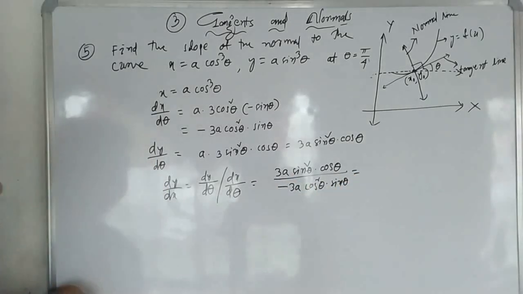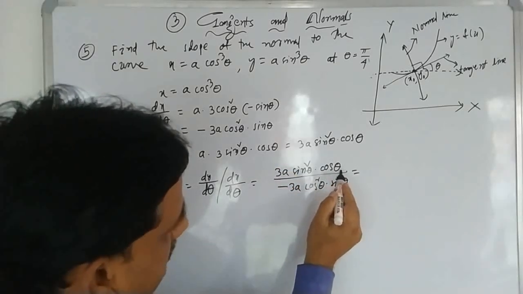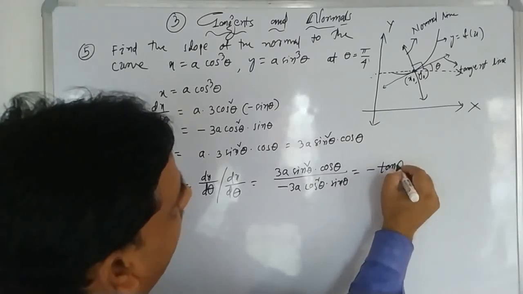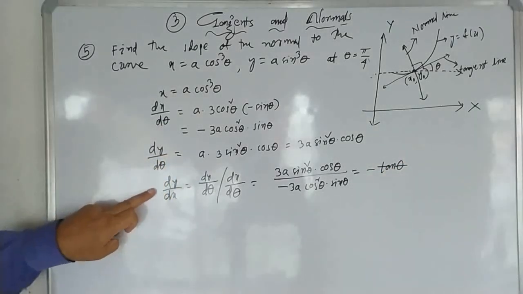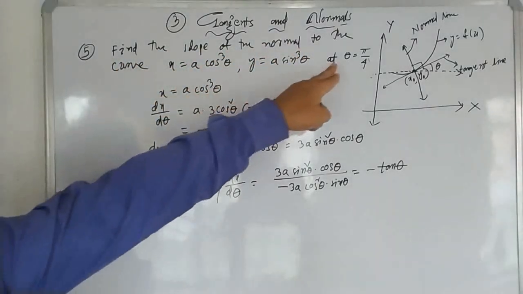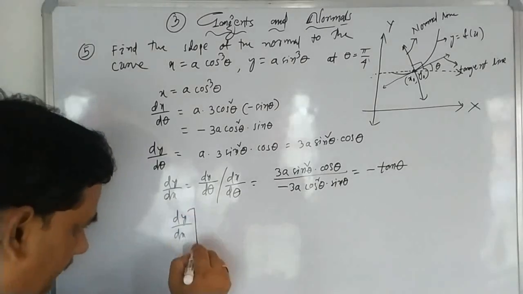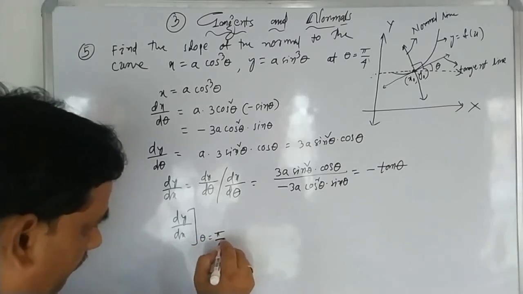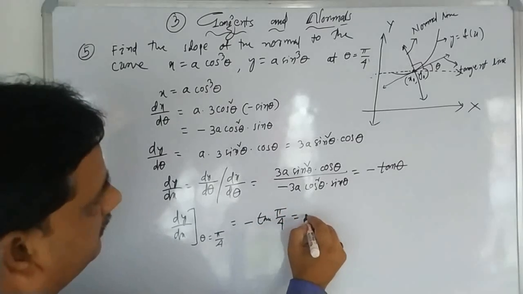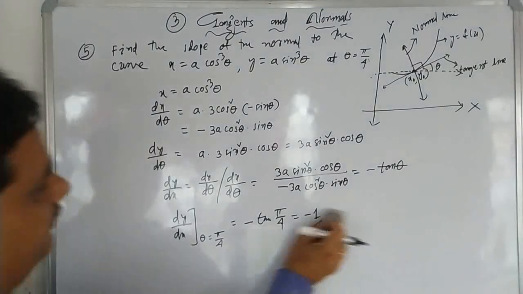The 3a cancels, one sin theta cancels, one cos theta cancels, and sin theta by cos theta gives minus tan theta. So dy by dx is minus tan theta. It is given, find the slope of the normal to the curve at theta is equal to pi by 4. So dy by dx at theta is equal to pi by 4 is minus tan pi by 4. This is minus 1. In this way you have to solve.